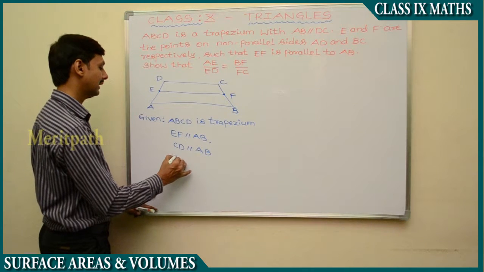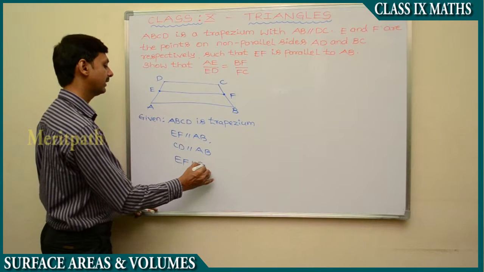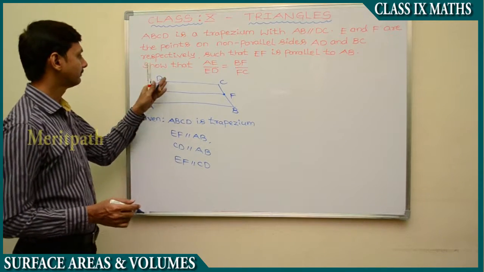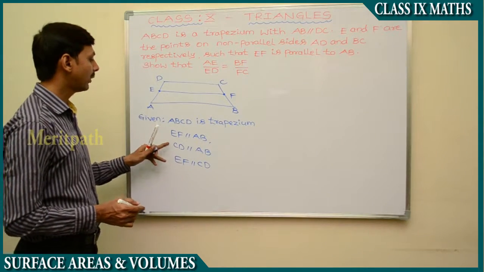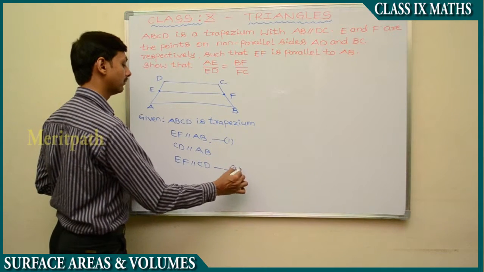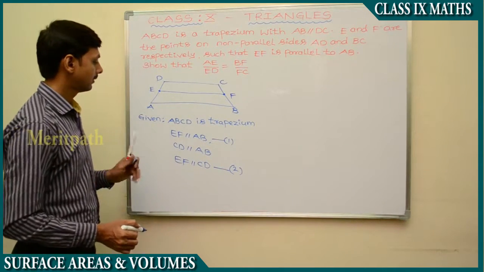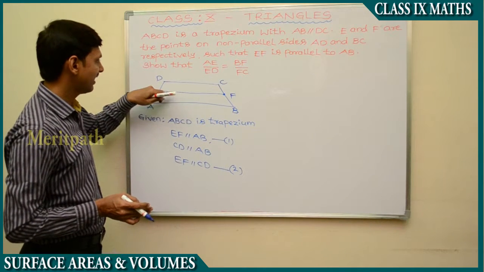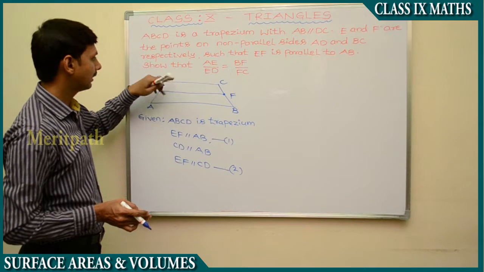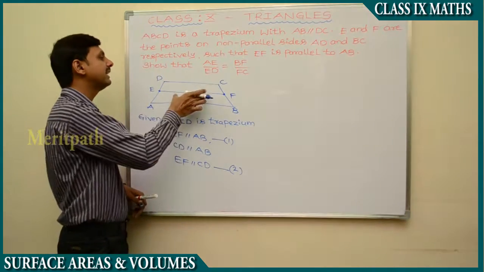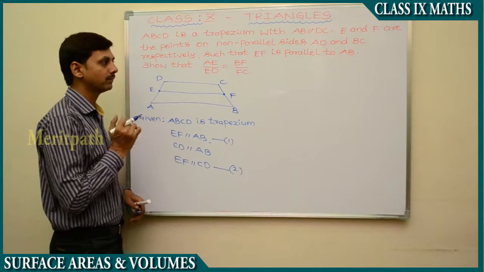So we can say that EF is also parallel to CD. EF is parallel to AB, and EF is parallel to CD also, because this line is parallel to AB, and we know AB and CD are parallel. That's the reason EF is parallel to CD also.